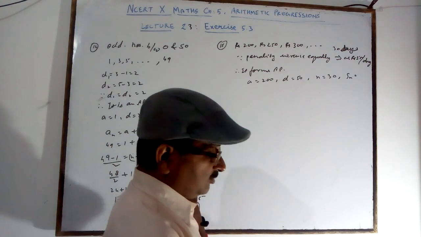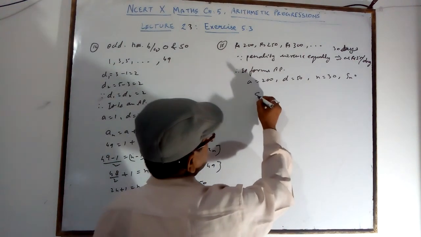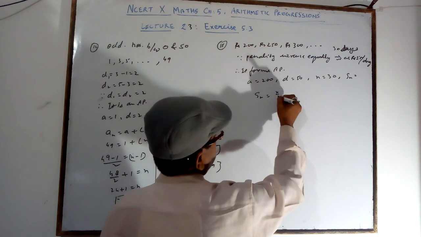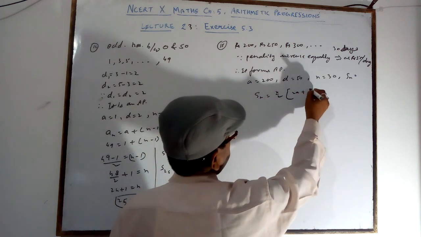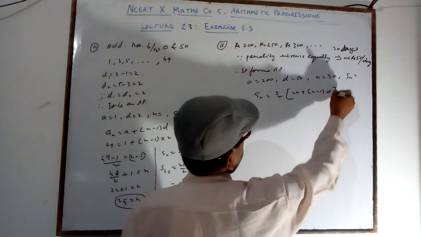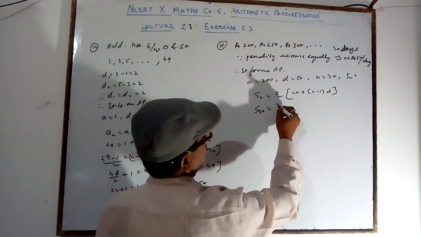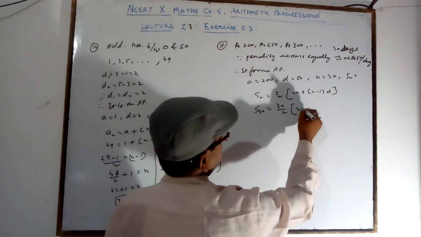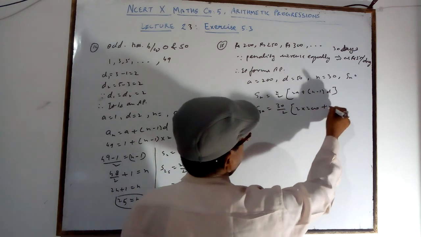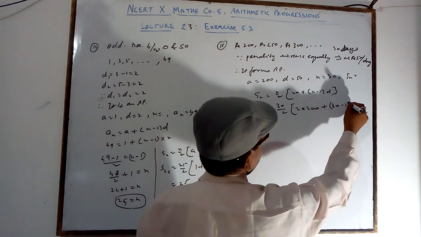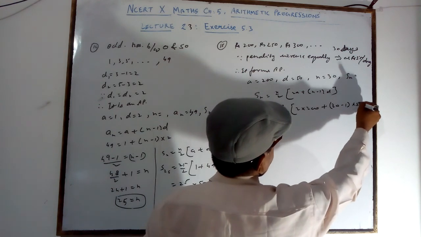So by this, how will you do it? Sn is equal to n by 2 into 2a plus n minus 1 into d. S30 is equal to 30 by 2 into 2 into 200 plus 30 minus 1 into 50.